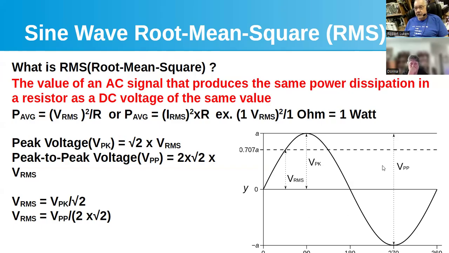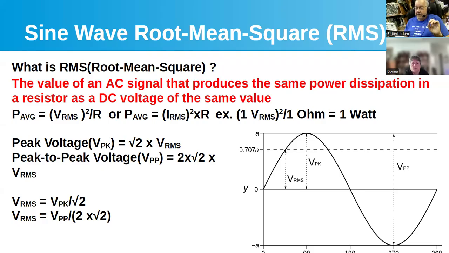But in an AC circuit, I have current flowing this way. And when the voltage changes, I have current flowing in the opposite direction. And in both cases, it's transferring power. So how do I measure what the effective voltage or power or current is?